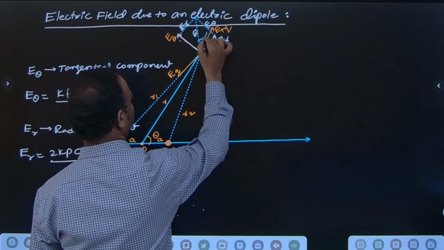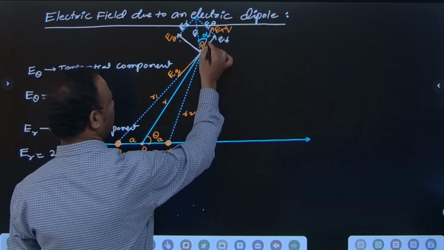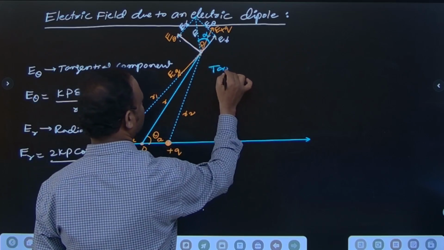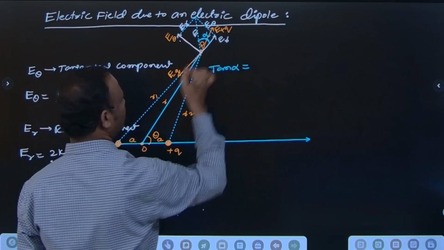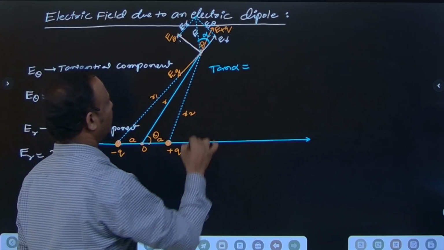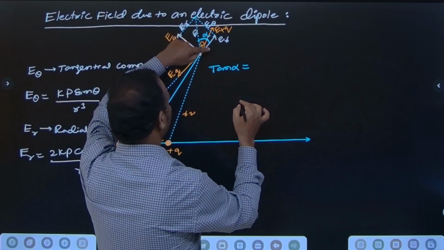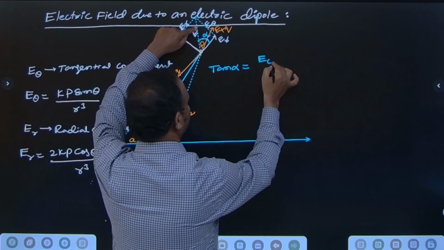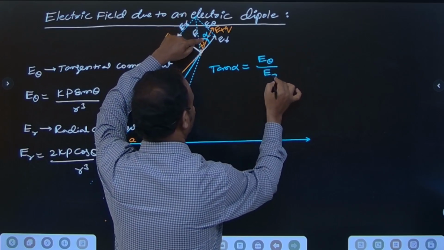Let alpha be the angle made by the resultant with the radial component. Tan alpha is equal to opposite by adjacent, E theta by E r.